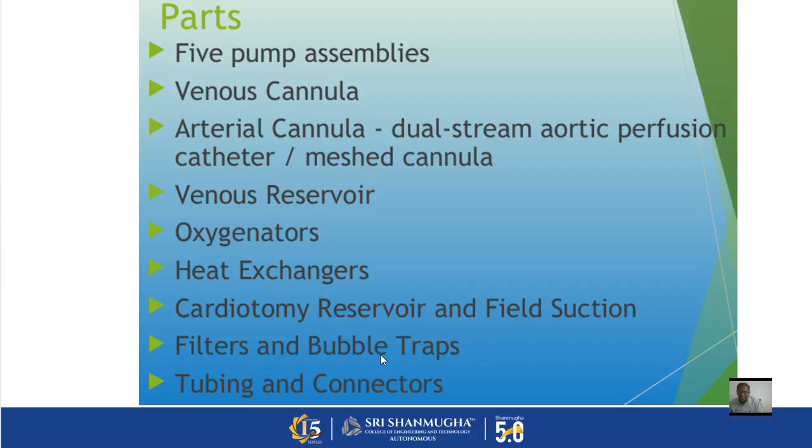If there are any bubbles in the extracorporeal circuit they must be removed, and any blood components must be filtered out. Then tubing and connectors: the tubes connected to the aorta and the external extracorporeal circuit, and after that to the body. These are some of the parts of the heart-lung machine.